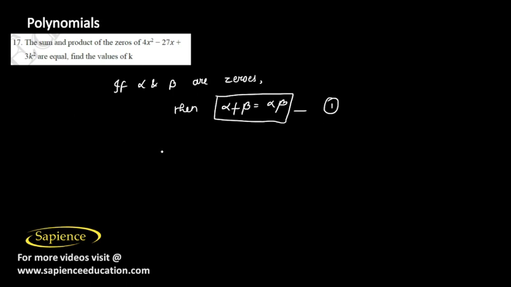Now we know from the relation between the zeros and coefficients that alpha plus beta should be equal to minus coefficient of x by coefficient of x square. So minus coefficient of x is minus of minus 27 divided by coefficient of x square is 4. Alpha plus beta is 27 by 4.